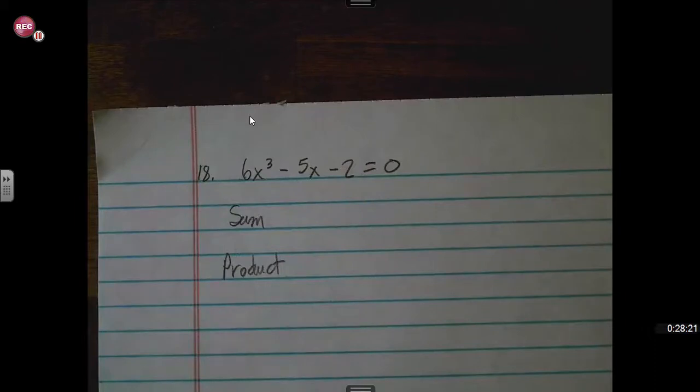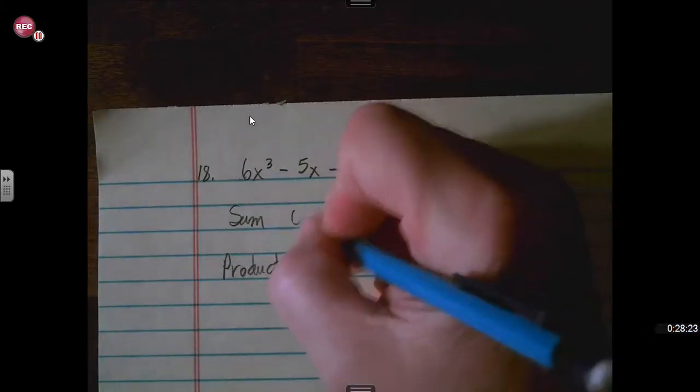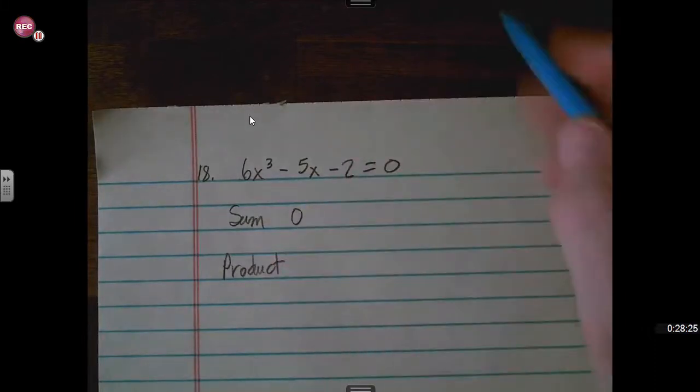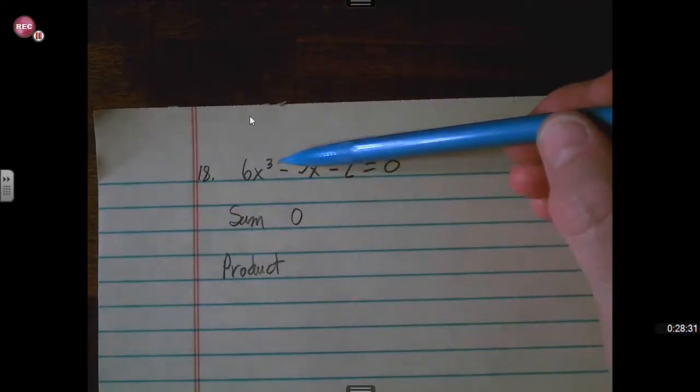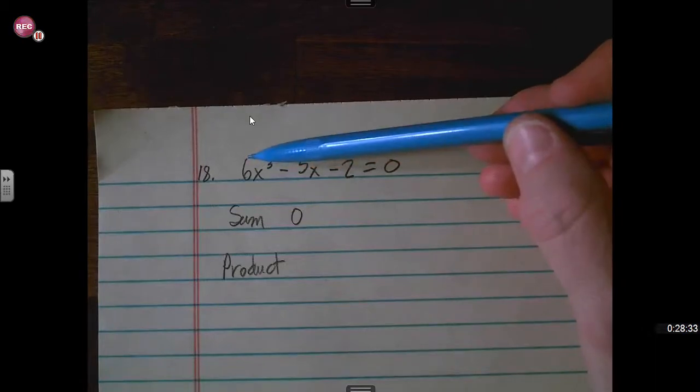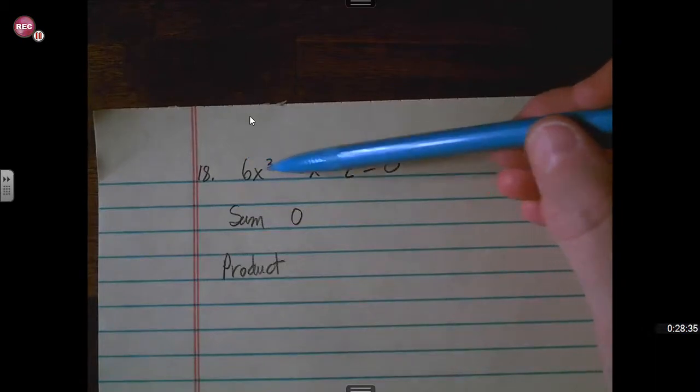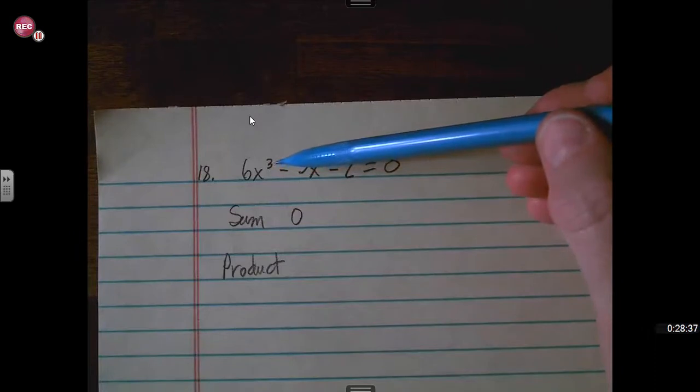Well, the sum is going to be 0. Because remember that the sum of the roots is the next highest degreed term's coefficient, over the coefficient of the highest degreed term. And since the next highest degreed term, the squared term, is missing, its coefficient is 0. And 0 over 6 is 0.